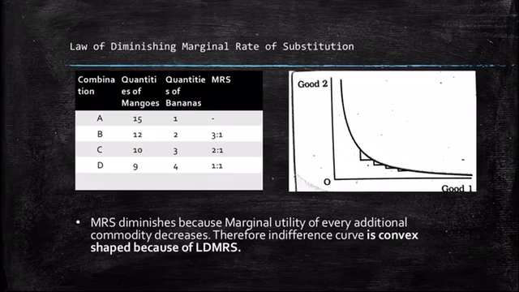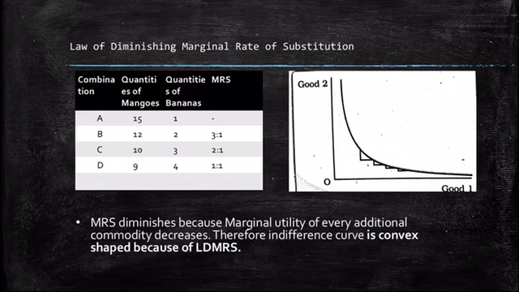Which means that he was increasing his consumption of bananas. So the marginal utility of these additional units of bananas declines. As a result, he may not be ready to sacrifice the same amount of mangoes for every additional unit of bananas.